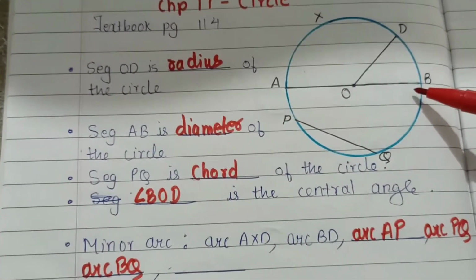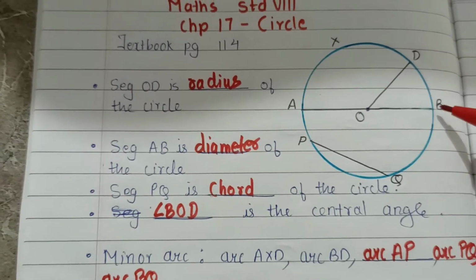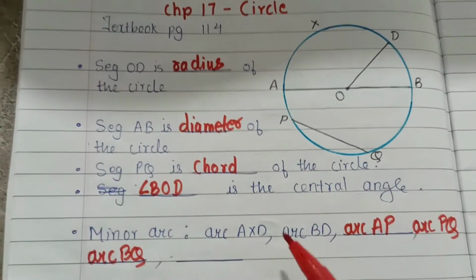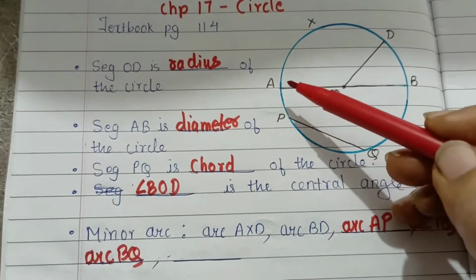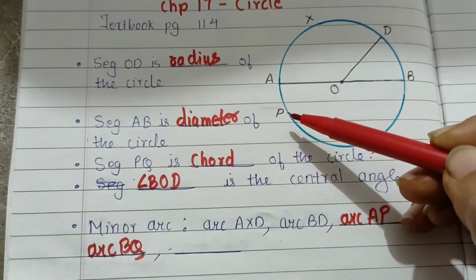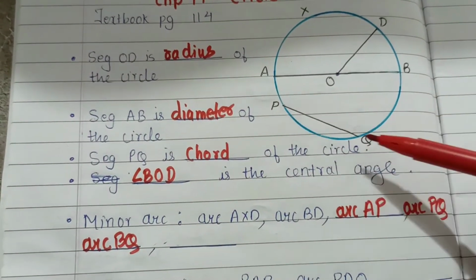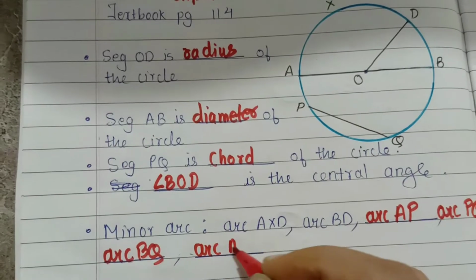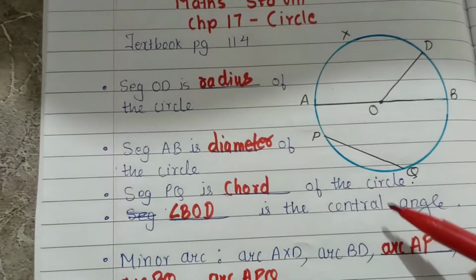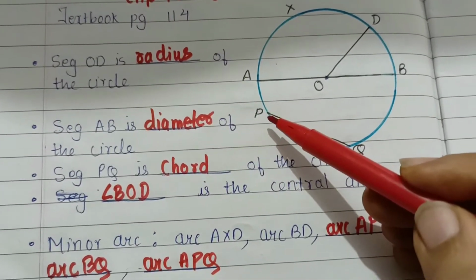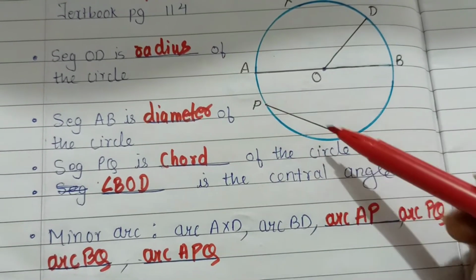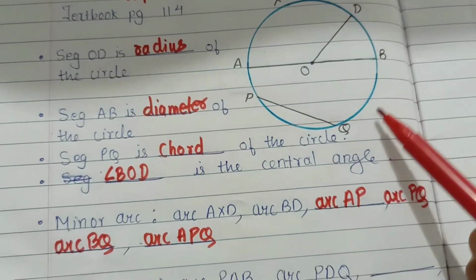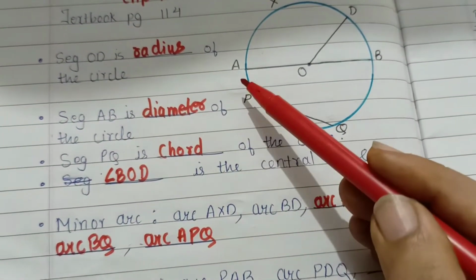Arc BD is already given over here, so we'll skip this. Then next we can write arc APQ, that means arc AQ. The reason behind mentioning this point P is that if we just write AQ, it can be in this direction or in that direction.